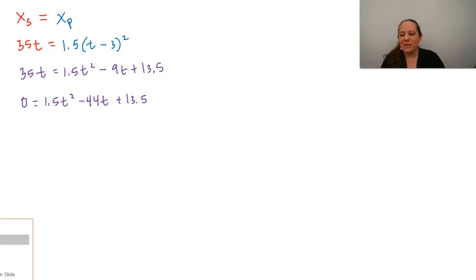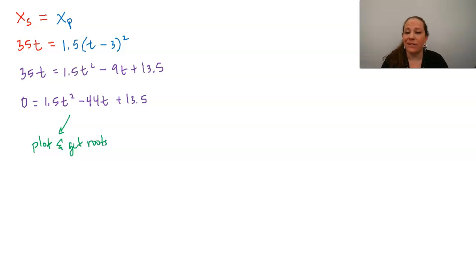And now our two possible ways to solve are to plot with a graphing calculator and get the roots. That, as you can imagine, is my favorite. Let the graphing calculator do the hard work. Or we can use the quadratic formula.